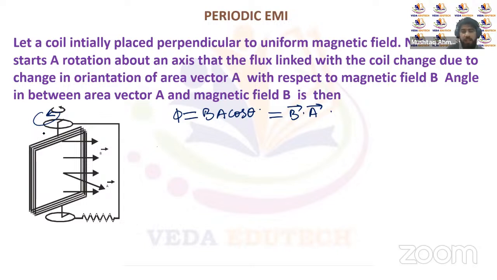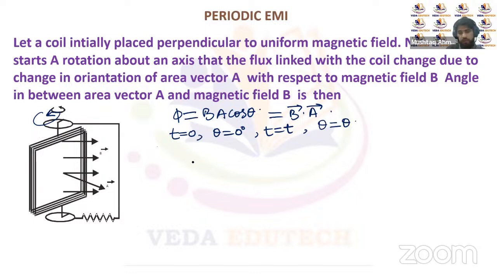Now let's suppose at any time t, the orientation of the magnetic field vector with respect to the area vector is theta, and initially, at time t equal to 0, the angle between them is 0 degrees. At time t equal to t, there is some orientation theta, that's equal to theta, right?